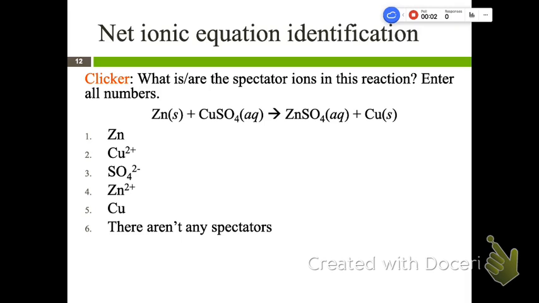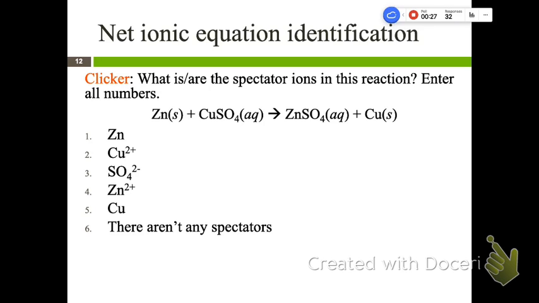Can we do that super quick for the next one? All right, I think we can do this super quick. Go ahead and say for the second one, for B on your page, which are the spectator ions and hit send. And then think about what the net ionic is. Couple more seconds.